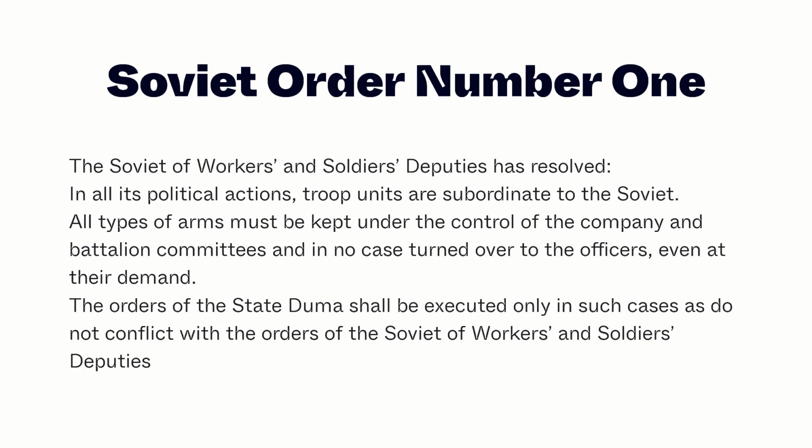All types of arms must be kept under the control of the company and battalion committees, and in no case turned over to the officers, even at their demand. The orders of the State Duma shall be executed only in such cases as do not conflict with the orders of the Soviet Workers' and Soldiers' Deputies." The order undermined the role of the Provisional government, its authority and its leadership.